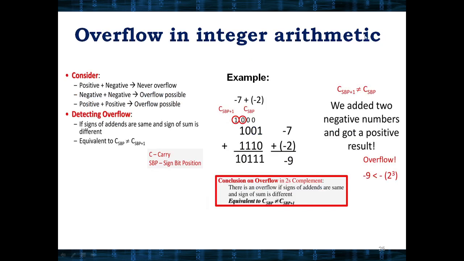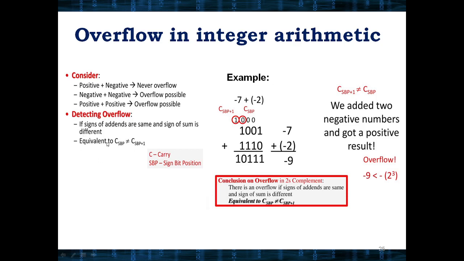Now, overflow in integer arithmetic. For positive plus negative, overflow never occurs. For negative plus negative, overflow is possible, and we can say that it is an underflow condition. For positive plus positive, overflow is possible. So for detecting overflow, one thing is if the signs of the addends or operands are the same and the sign of the sum is different, then we can say that an overflow condition occurs.